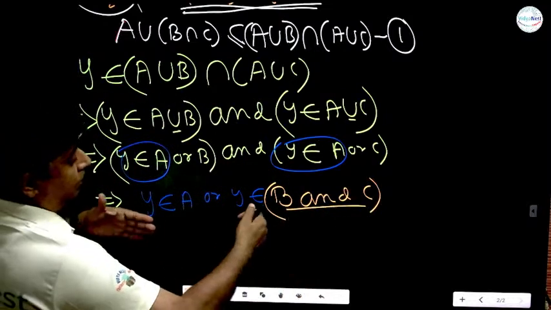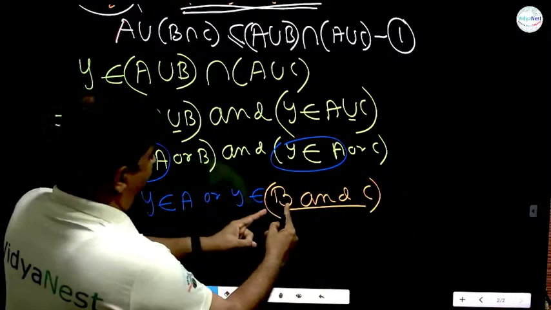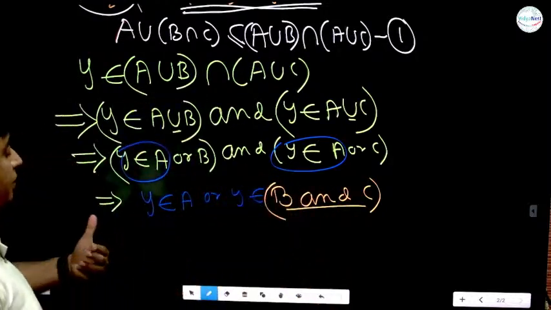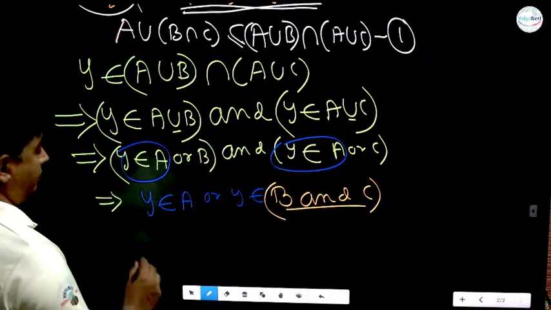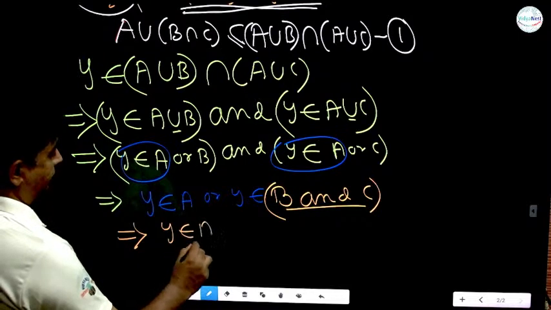You just remove this bracket, you will get y belongs to A or B and y belongs to B or C in back calculation. So instead of this, I can write this.